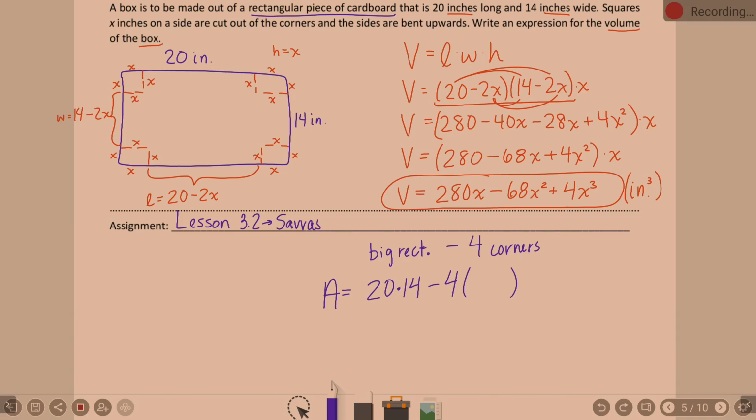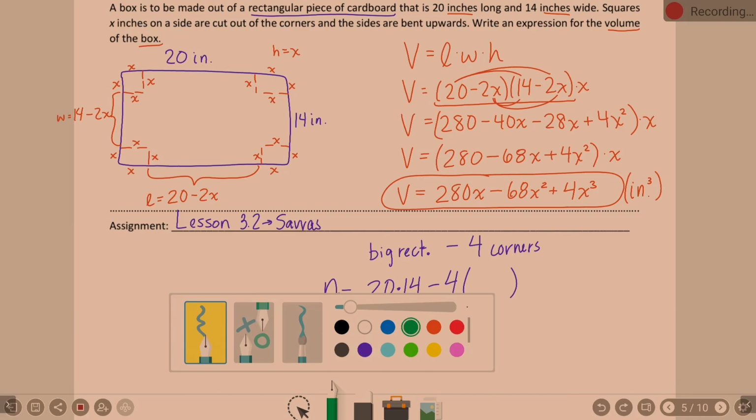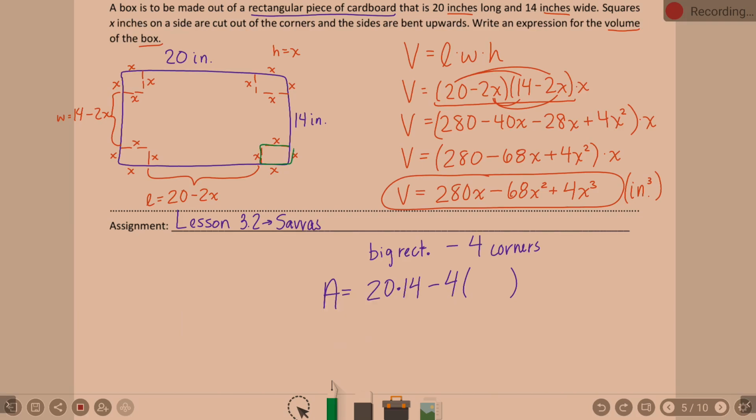How do you do an area of this corner square? I don't know. Think with me, guys. It's a square. How do I do the area of that right there? Area of a square.